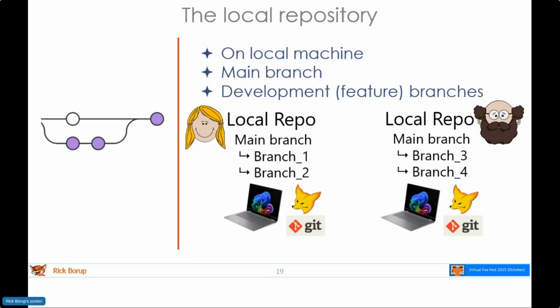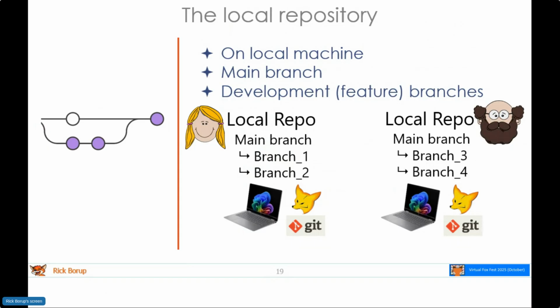At the same time, Bob, our other developer on this team, is working on his local repository. He's on his local machine, running FoxPro, running Git, and he's working on his branches. Just for sake of terminology, so they can be different, we'll call them branch 3 and branch 4. Branches typically would have a meaningful name, possibly including a task number if you're using a Kanban or some kind of project management tracking software.